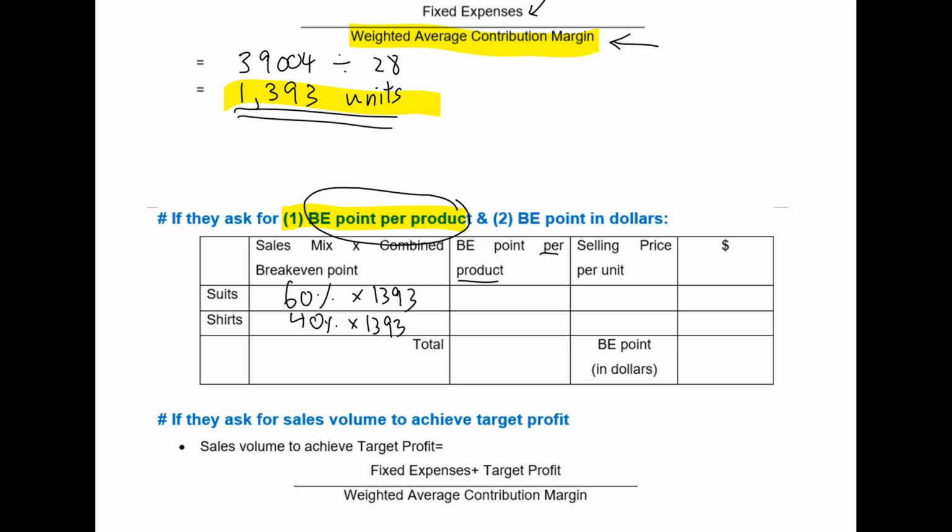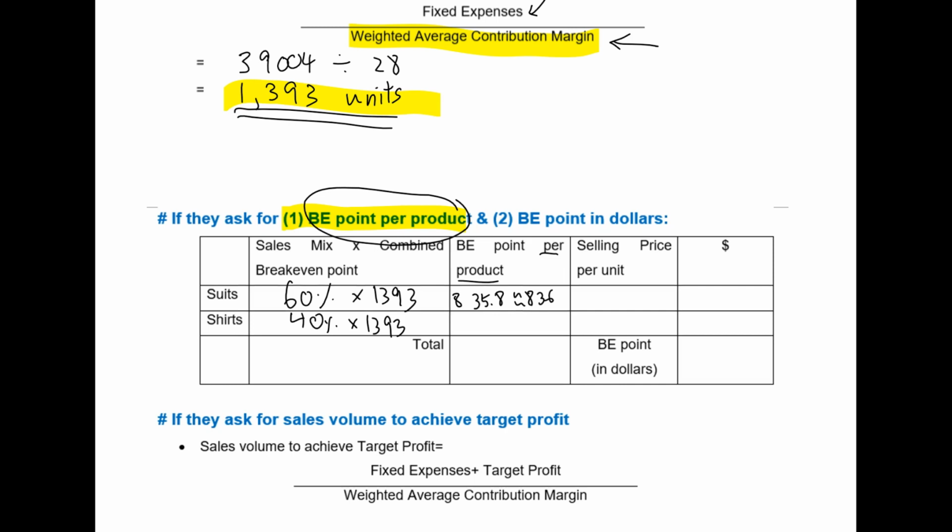So if they ask for the break-even point for each product, you take the sales mix times the combined break-even point. 60% times 1,393, you will get 835.8, which is approximately 836.